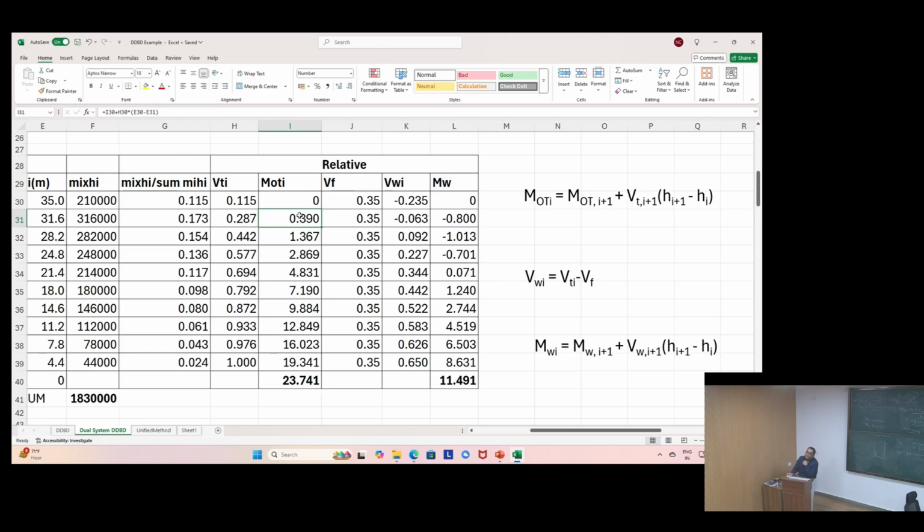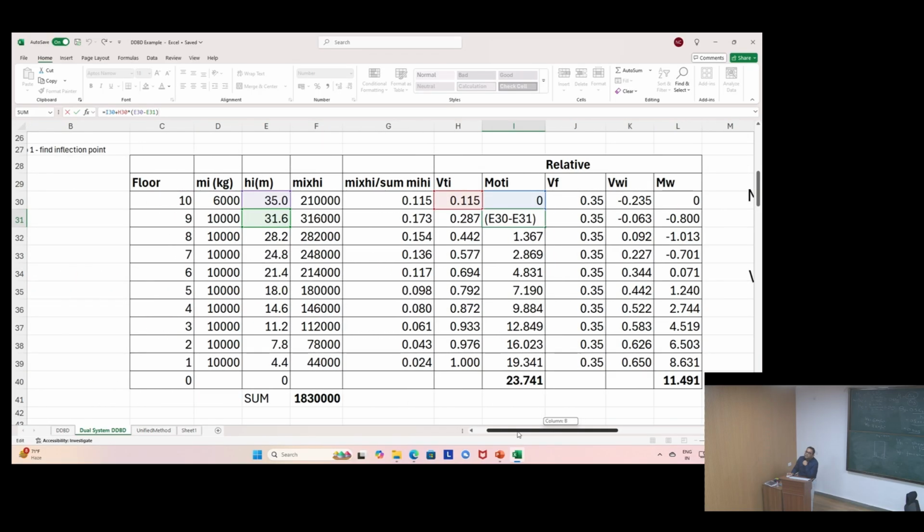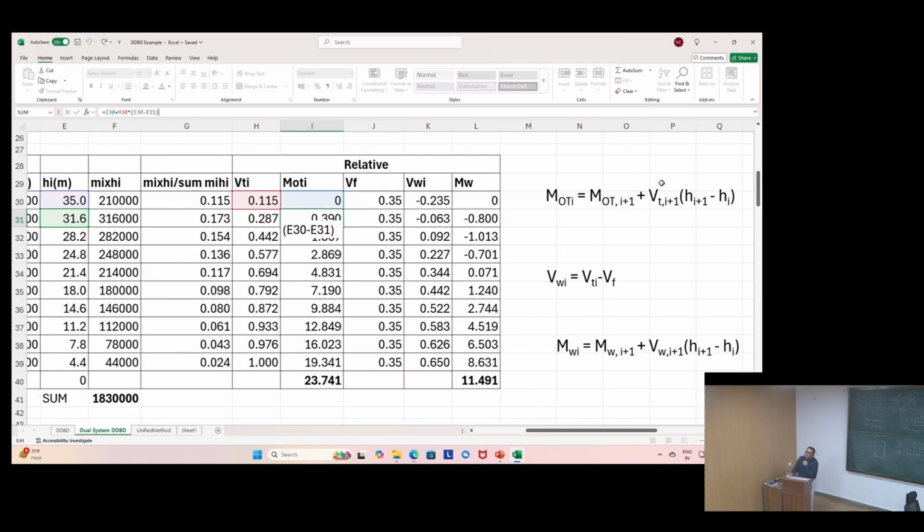So the next one, MOTi, is VTi at the roof, so i plus 1 is 10, because your i is 9, right? You're working with i plus 1 is 10. So the difference in height is 35 minus 31.6, which is captured here.